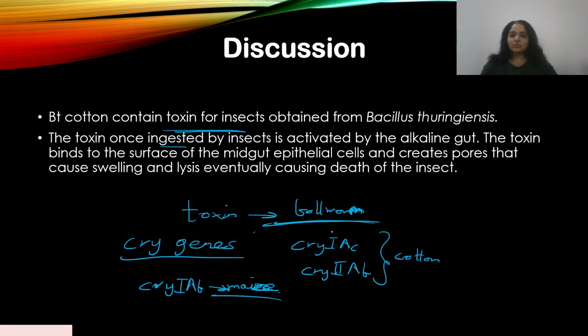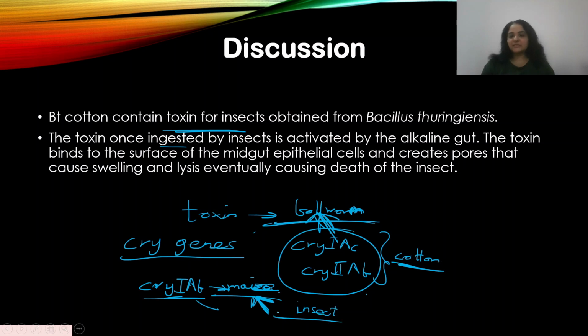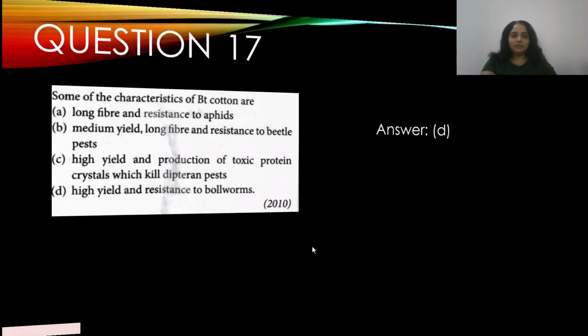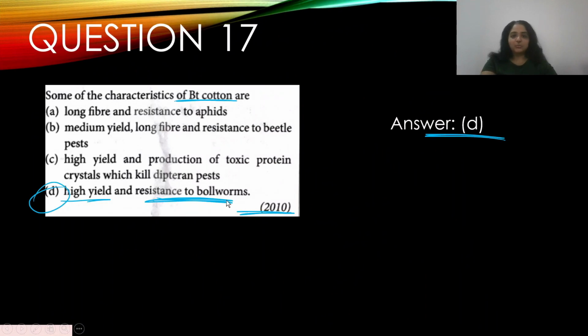So for example, for bollworm, cry1 AC and cry2 AB produce a toxin which will affect bollworm, and it has been incorporated in cotton. Similarly, cry1 AB will produce a toxin that affects another insect which infects maize plants. That will kill the insect over there, so it behaves like an insecticide. To answer your question, yes, resistant to bollworms.